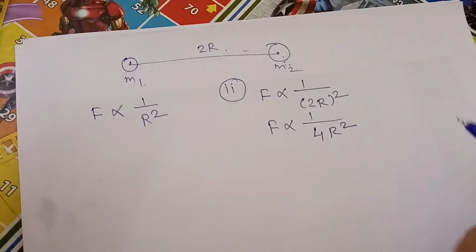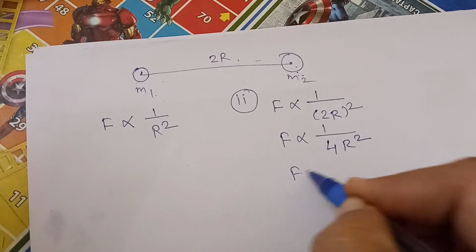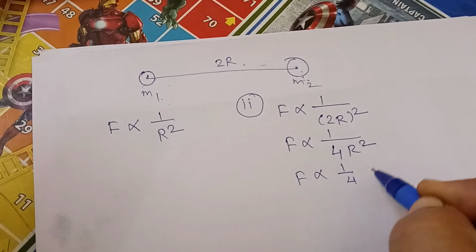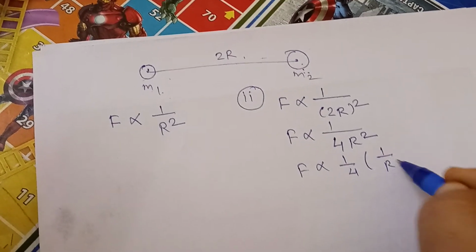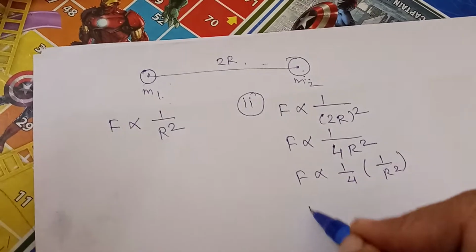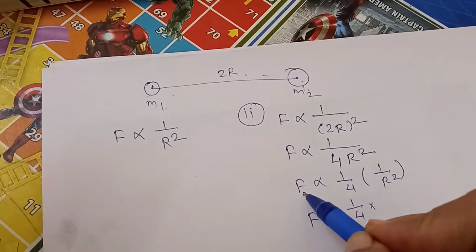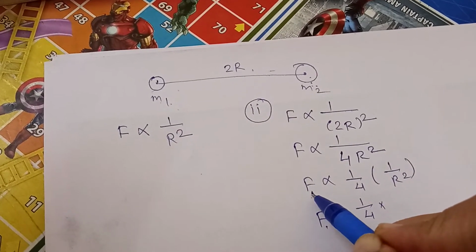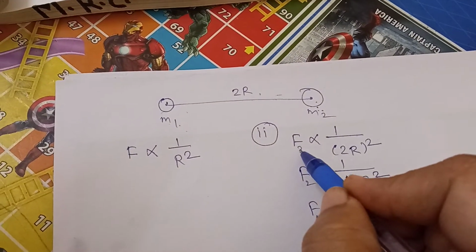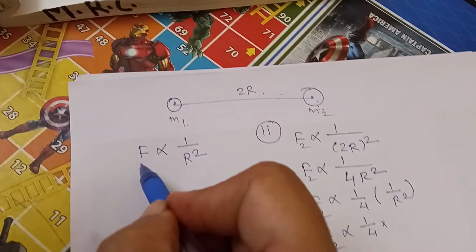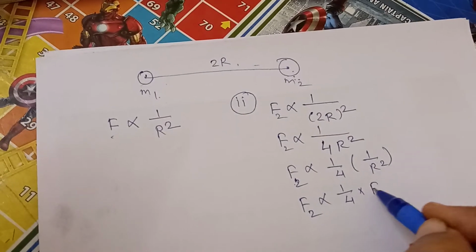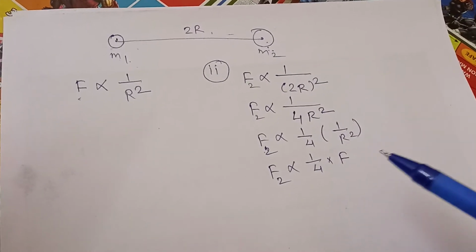So F is directly proportional to 1 upon 4 into 1 upon r square. This is the new force, we will call it F2, and this force is 1 upon 4 into F.